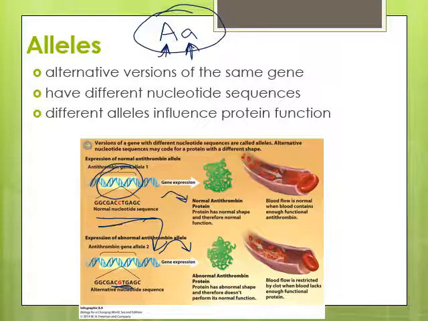So these are alleles, just alternative versions of the same gene. You get one from mom, one from dad. We'll talk about it more later on. So we all have the same genes, but we have different alleles in all of us, and that's what makes our genetic makeup and the proteins we express different from each other.